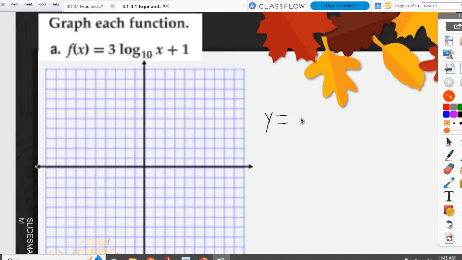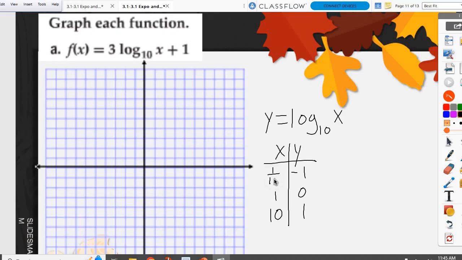So remember that our parent function is going to be log base 10 of x. So it's going to look something like that.